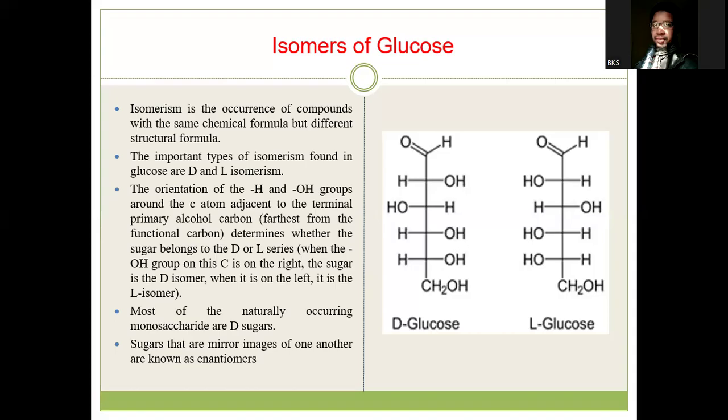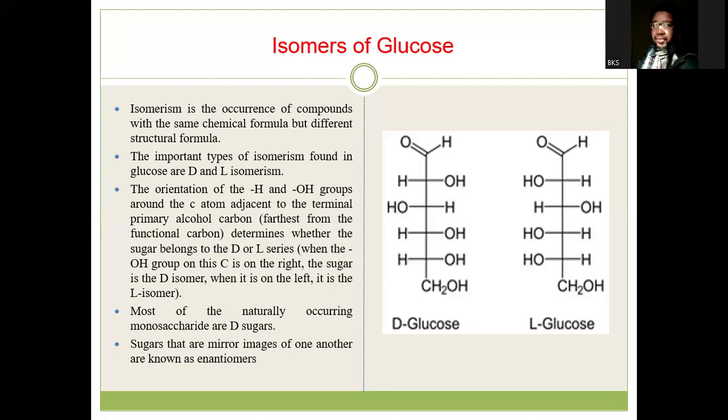No, the D and L are different. D positive means D dextrorotatory. D negative means D levorotatory. So you can have D positive, D negative, and you can have L positive or L negative, depending on the rotation of this beam of light.